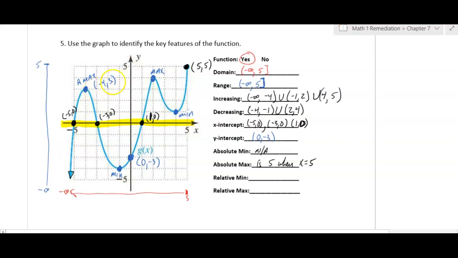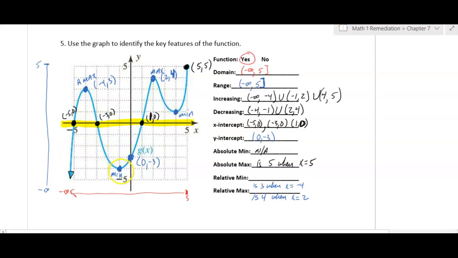So right away, I know the first relative max is 3 when x is negative 4. The other one, this is at the ordered pair 2, 3. Nope, sorry, 2, 4. Right, so we're going to say the other max is 4 when x is 2.